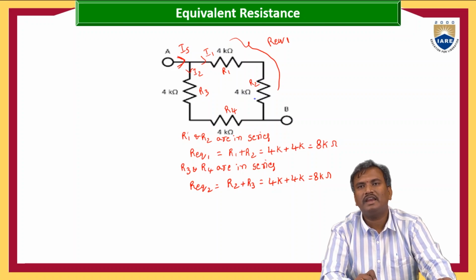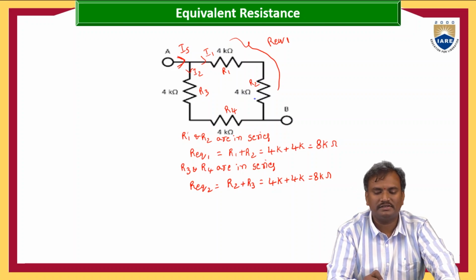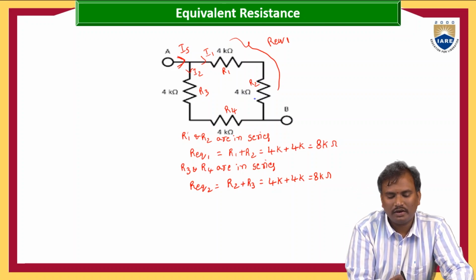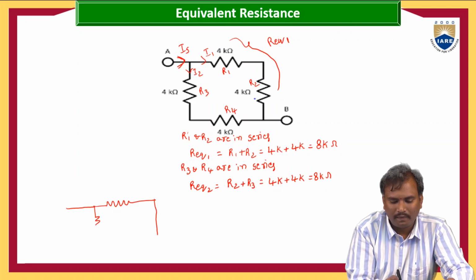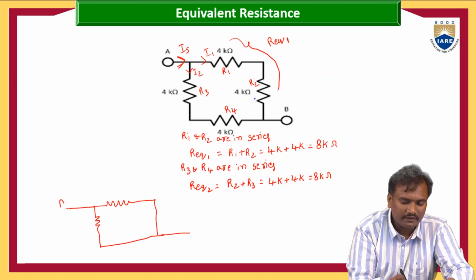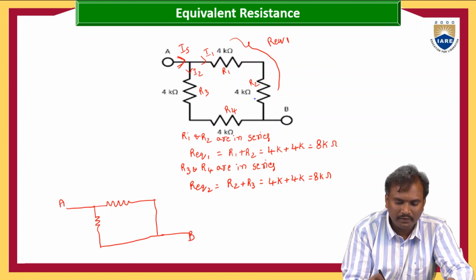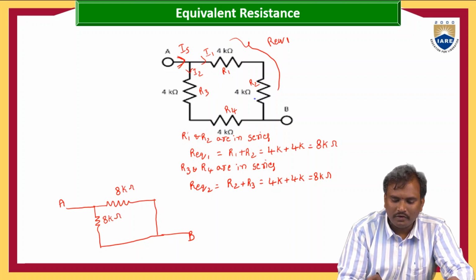So here the circuit will be this is A, this is B, this is 8 kilo ohms, this is 8 kilo ohms.